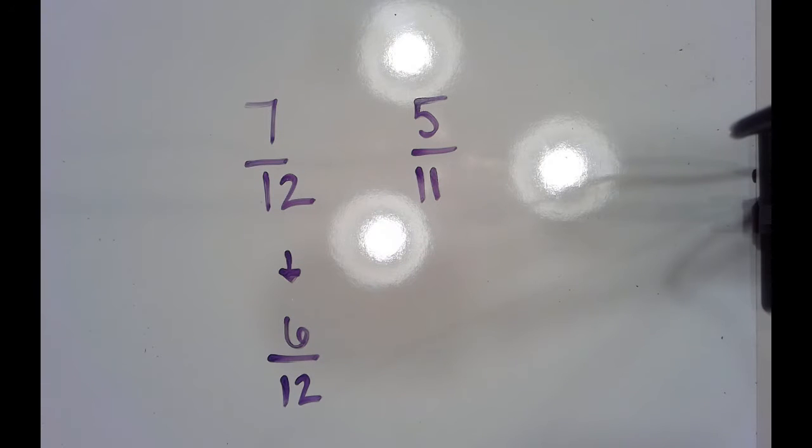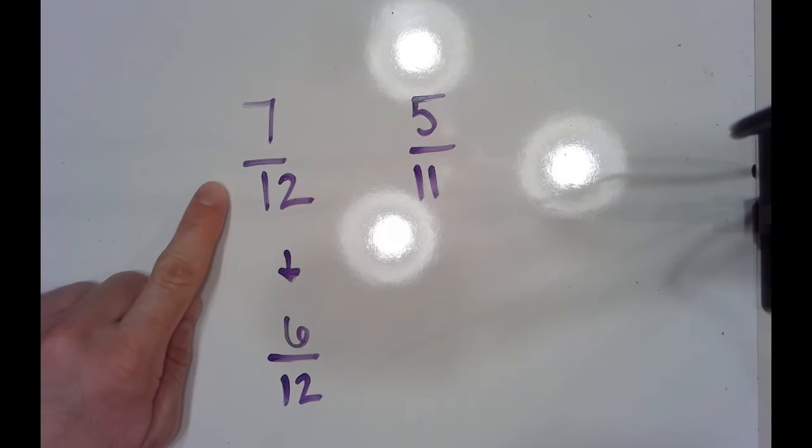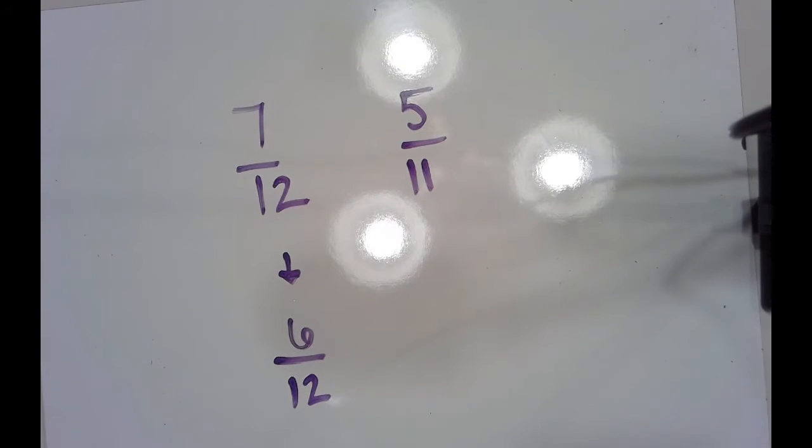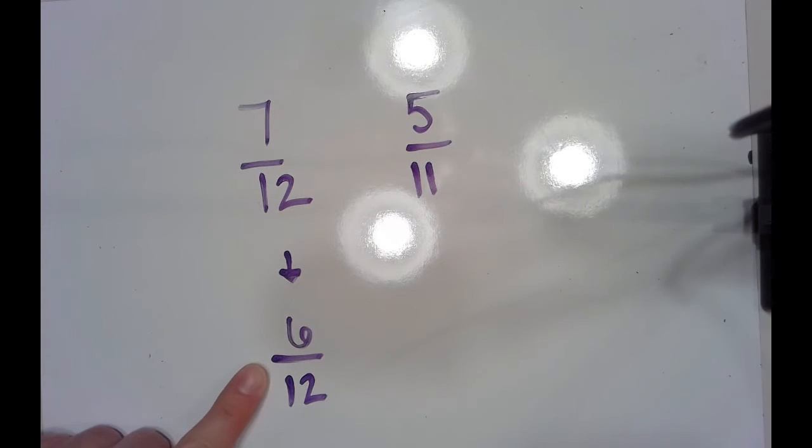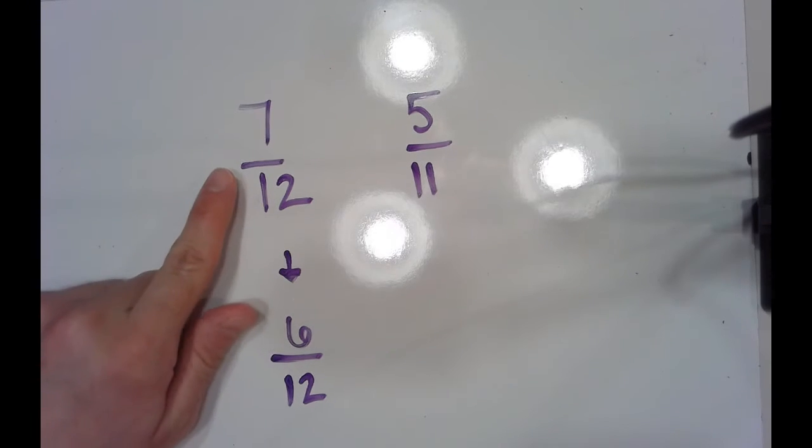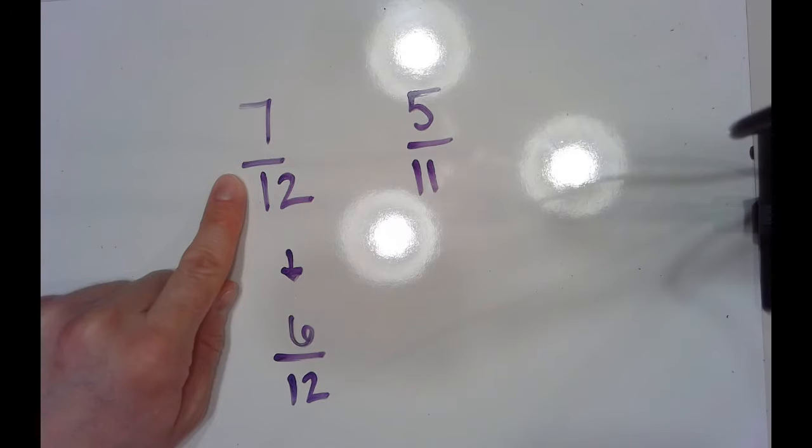So if we know that 6/12 is equivalent to 1/2, then think about what that tells you about 7/12. Think about whether that's greater than 1/2 or less than 1/2. And since I got you started by telling you that 6/12 is equivalent to 1/2, I think you can figure out what that tells us about 7/12.